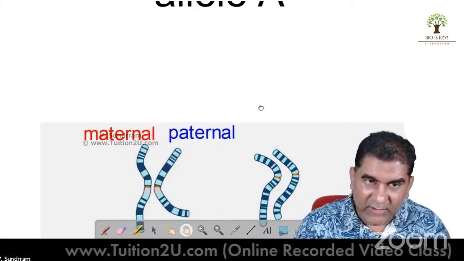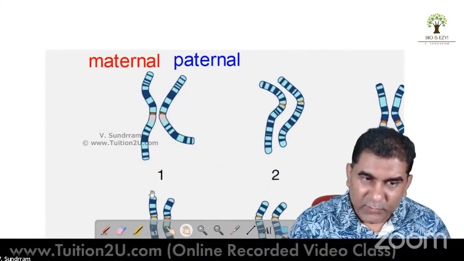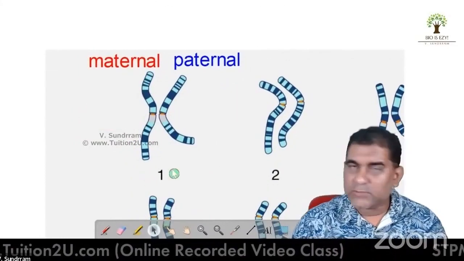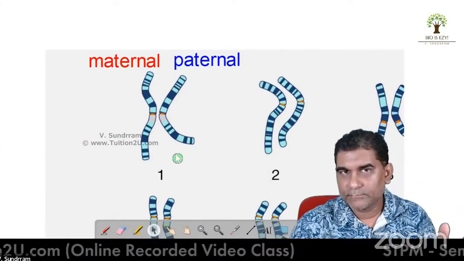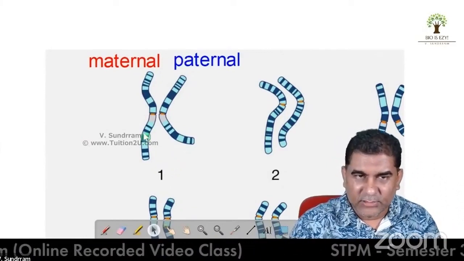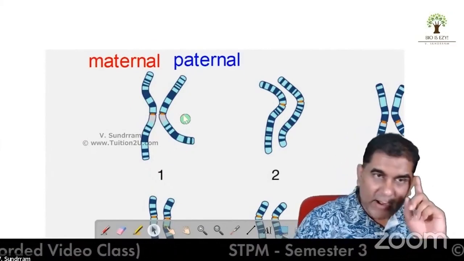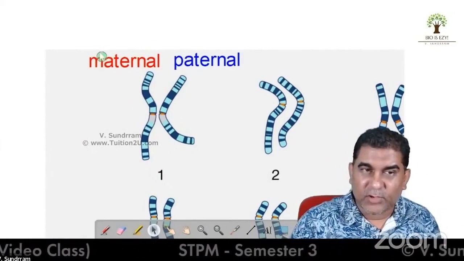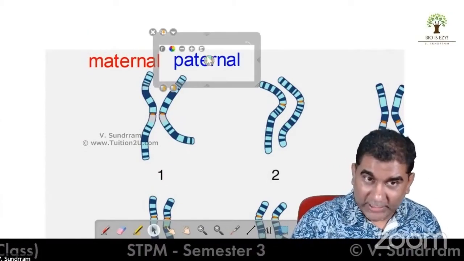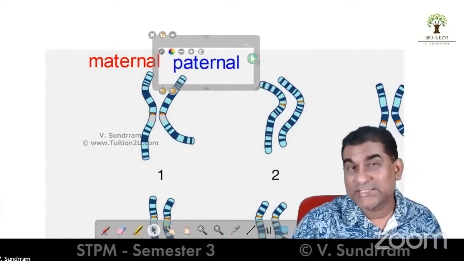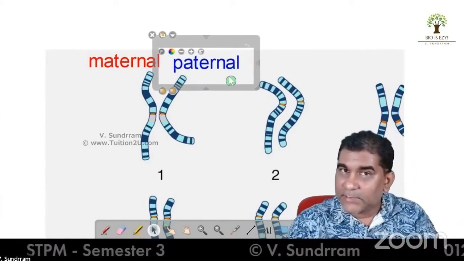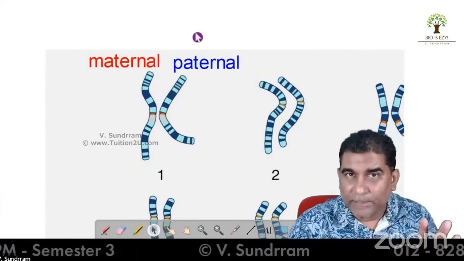Always we have two chromosomes. If you take the longest one, there will be two. Because it's bending, they don't look the same size, but they're actually the same length. One is maternal, it came from the ovum. One is paternal, it came from the sperm.